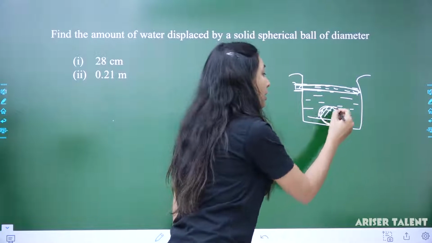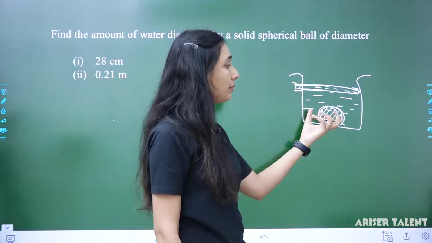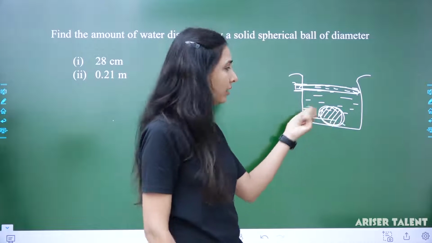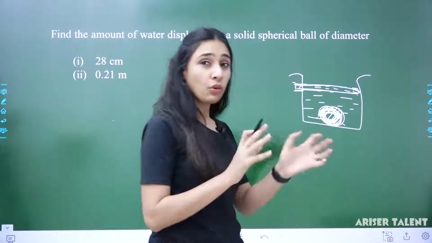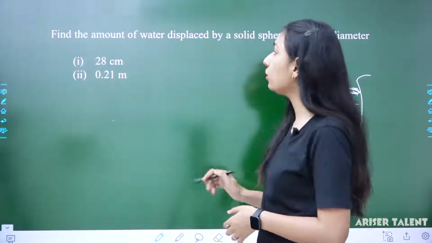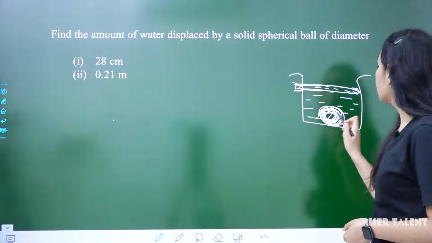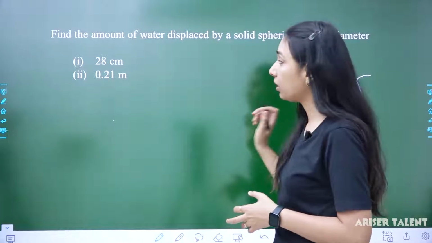Simply the volume of the sphere, because it replaced it. So we have to find this exact amount of space, and this amount of space is volume. So basically we are going to find the value of volume of sphere. This is a spherical ball.